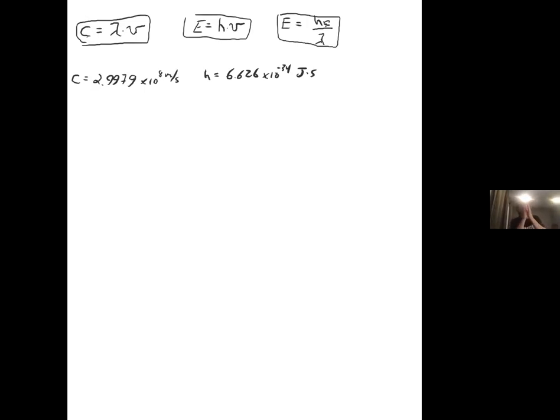Let's do red light. I'm going to use red light. So red light has a wavelength range. There's different shades. There's different hues of red, right?